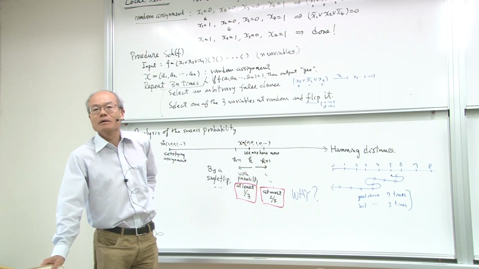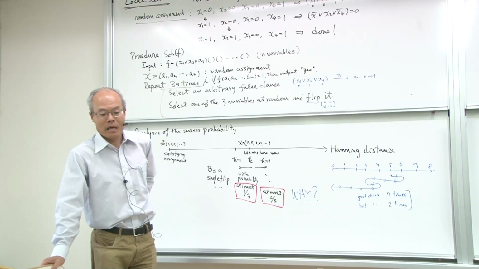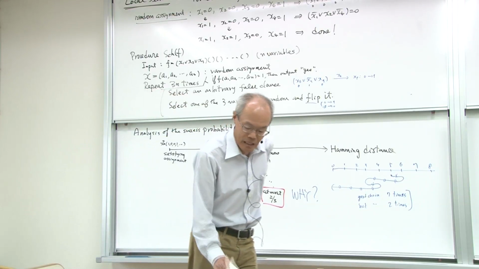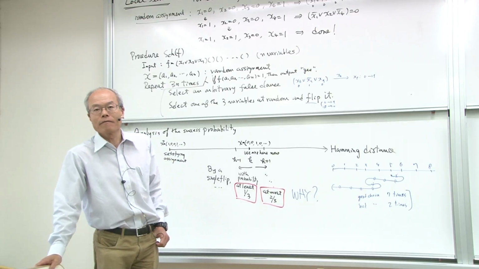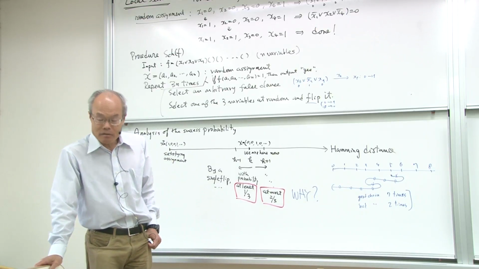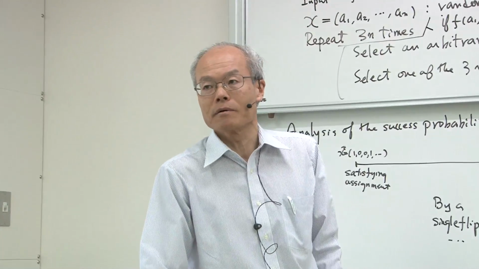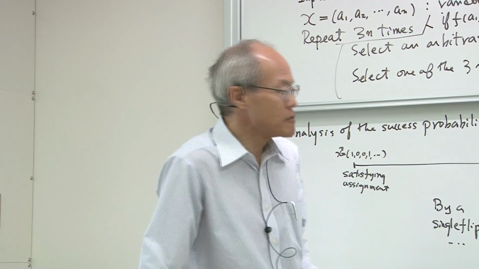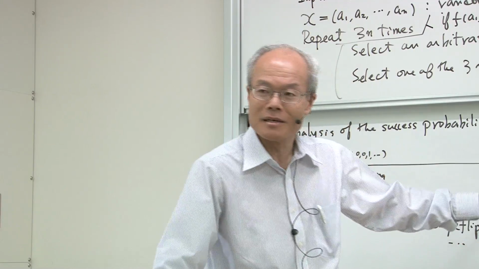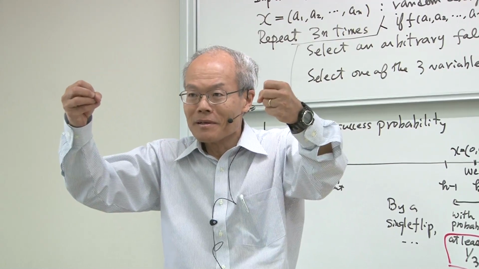That is why local search is very, very powerful. This is a good example for theory, but in practice many people say local search is usually powerful. So your task is to find a good property for the one-step move.